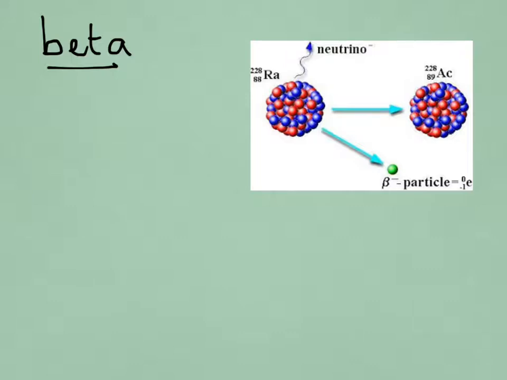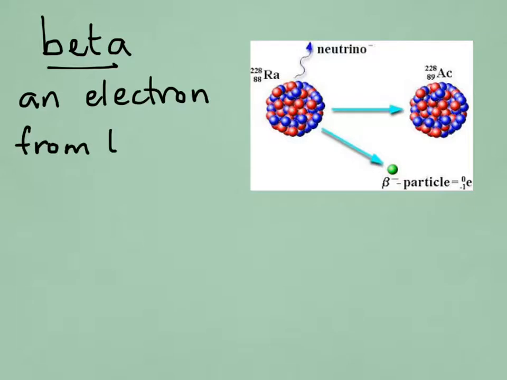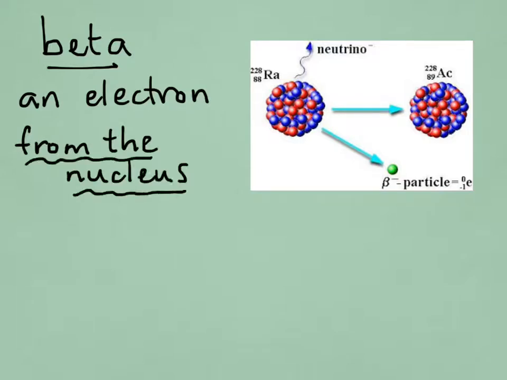So the beta particle is a special way of writing that as well. It's an electron, so it's written as an e, but it's written with a 0 at the top, meaning it's not a nucleon, and a -1 at the bottom. So it's a bit weird, this one. It's an electron from the nucleus.